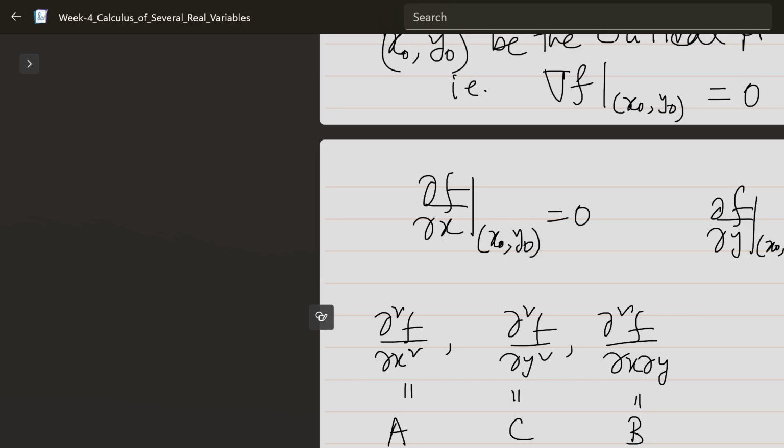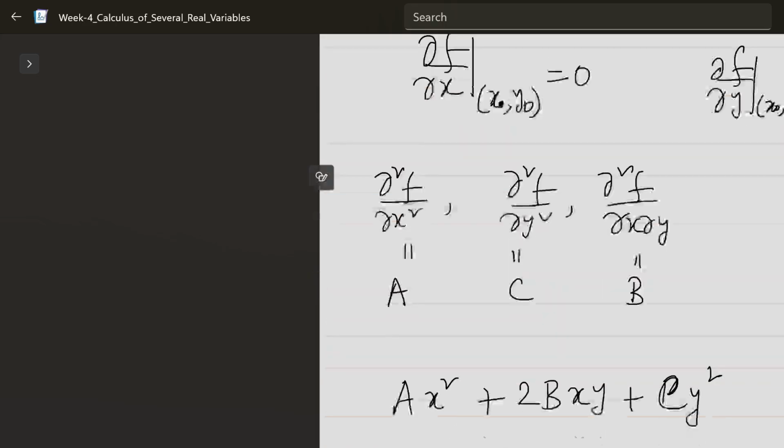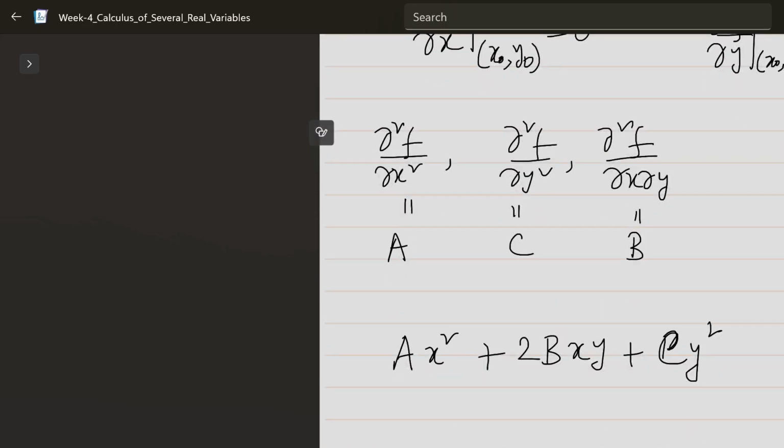So when it has a maximum or minimum, you have to tell. Do you know how to find when this has a maximum or minimum? Am I audible? Tell me, AC minus B square is what? When AC minus B square is greater than 0, then we can check for a maxima or a minimum.